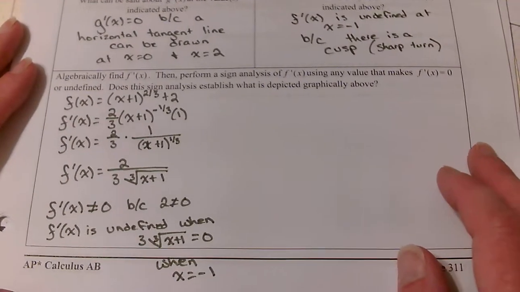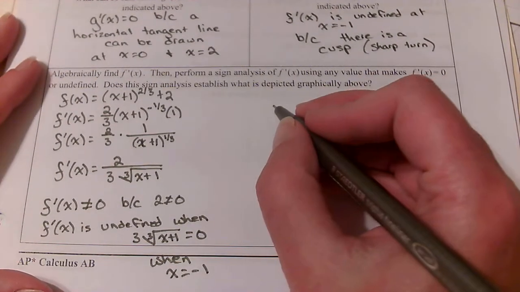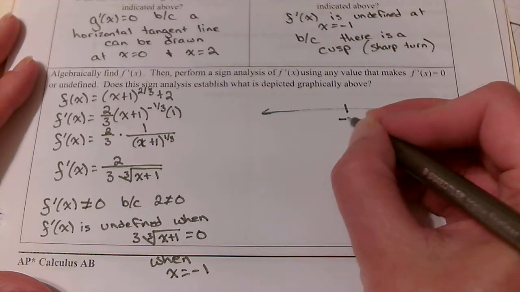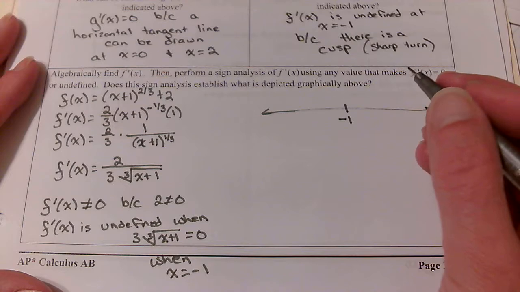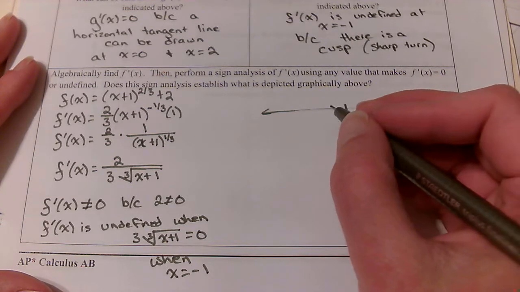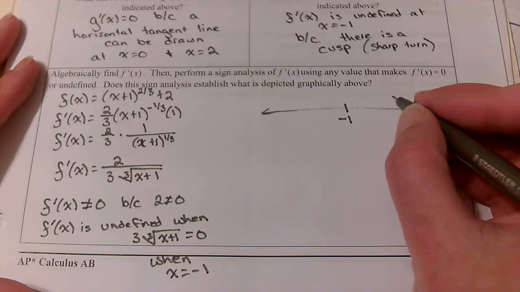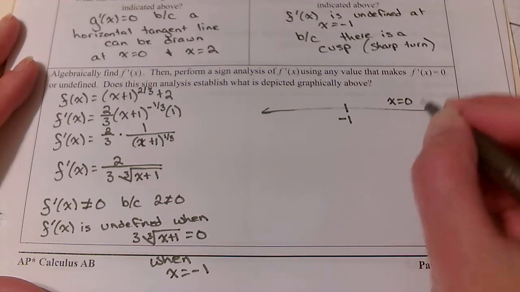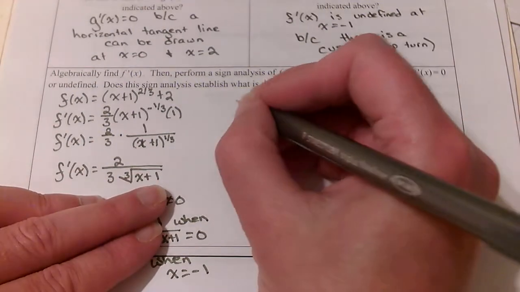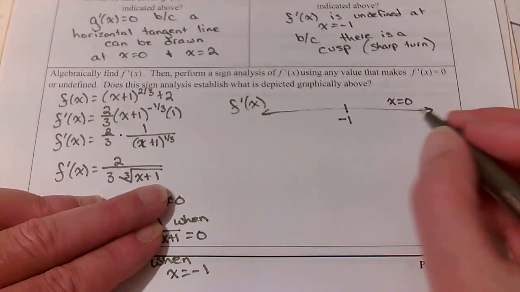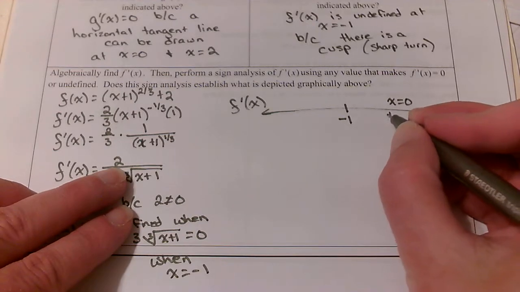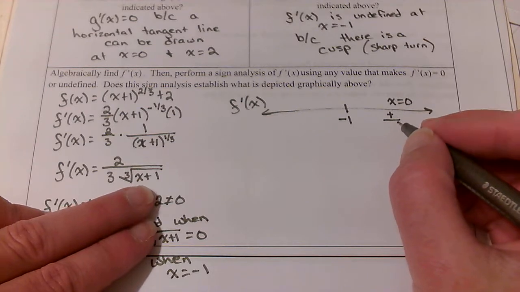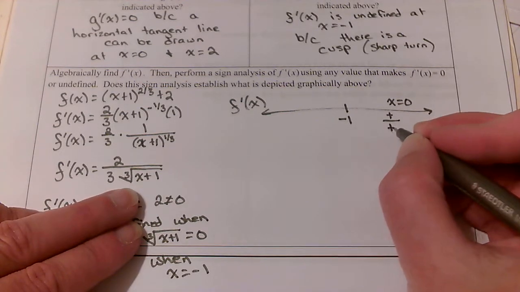So let's do a sign analysis. We know what's happening graphically, but let's look at our sign chart. At -1, f prime is undefined there. Let's pick an x value to the left and to the right. I'm going to pick x equals 0. If I plug that into my derivative, I've got a positive number on top, and the cube root of 1 is positive, so the result is positive.